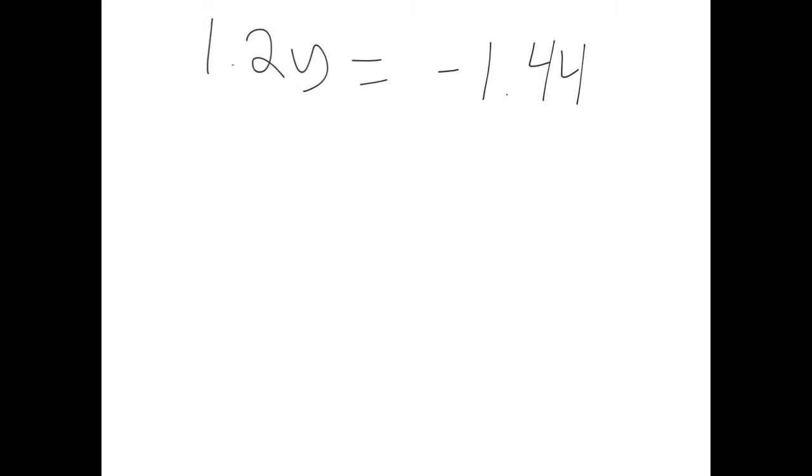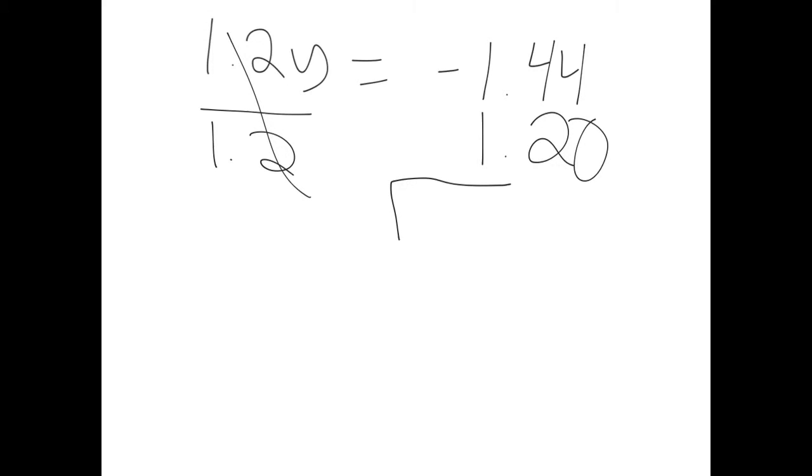This is a multiplication equation that would be undone by division. So you would do 1.2 divided, and it would cancel out, and then 1.2 here as well. So then you would divide 1.44 by 1.2, and the decimal would go over twice, 1, 2, and it would go right here.